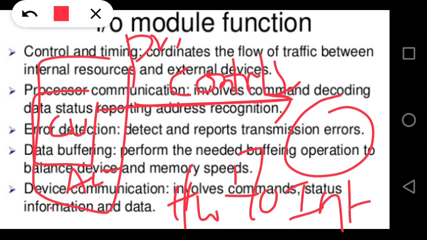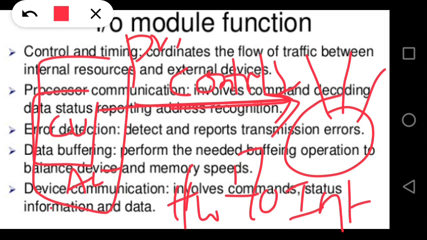They receive the control signals, which involves command decoding, so that the IO devices can understand, and they send the status report and do some address recognition.